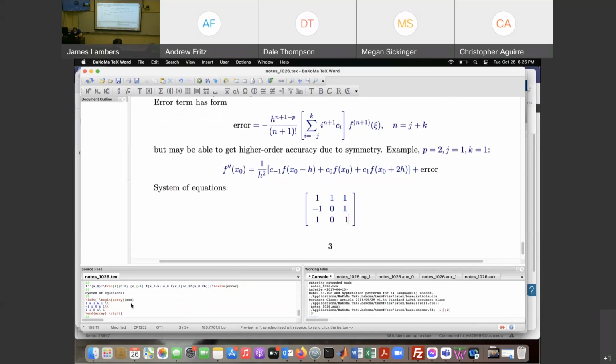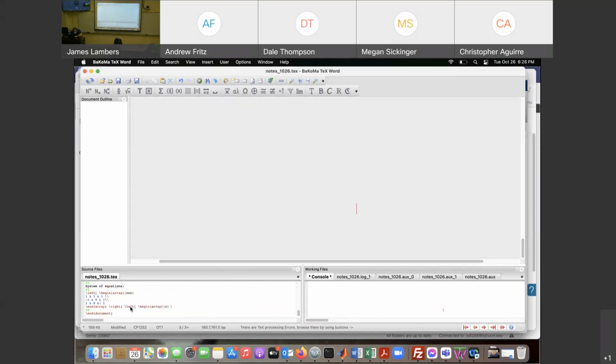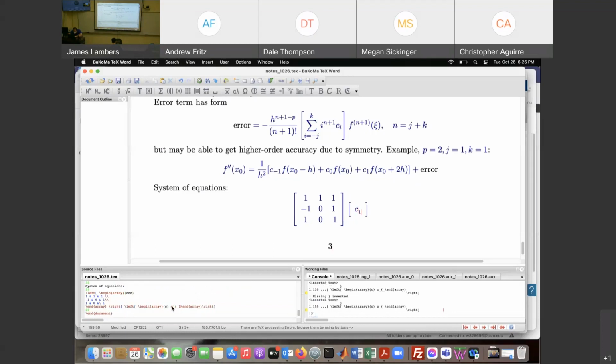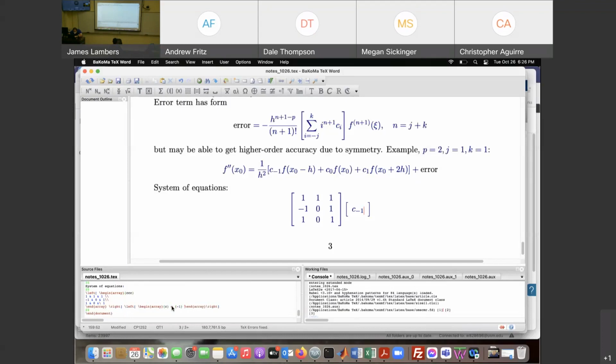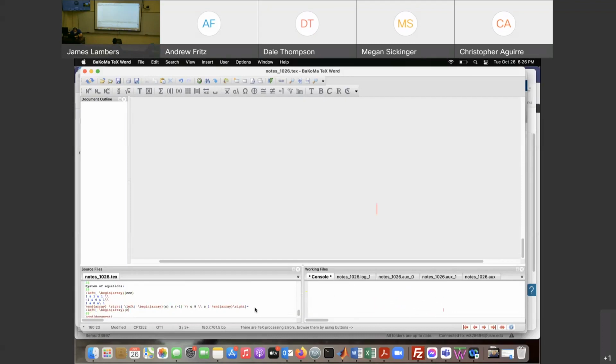These are my coefficients. All right, so c minus 1, c0, c1. And then my right-hand side: zero, zero, 2.